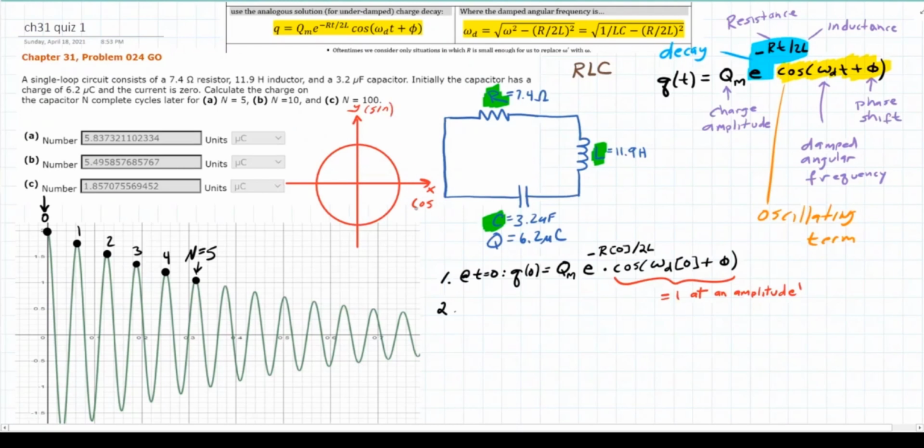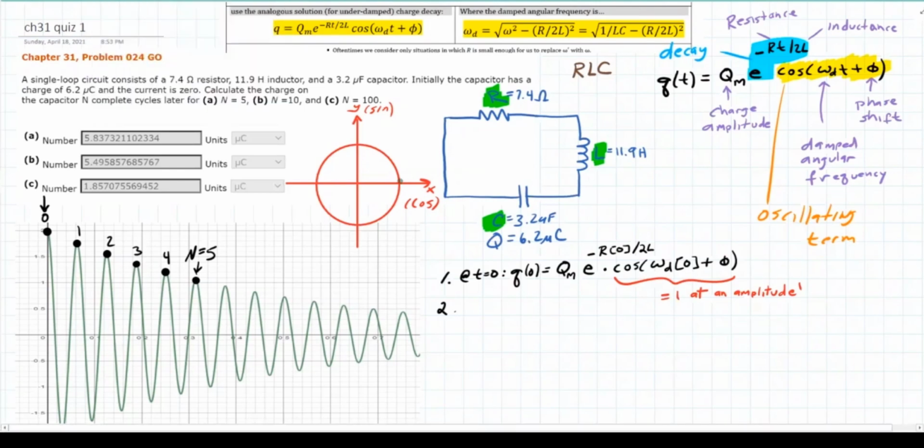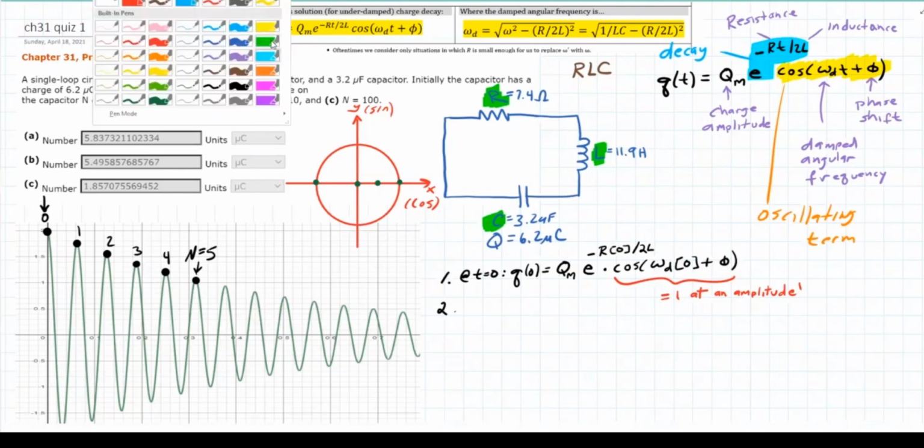So cosine is basically telling you where you are along the x-axis. At the maximum possible point right here, that's cosine equals 1. Here's cosine equals 0. Here's cosine equals -1. Halfway between there, the cosine value would be √2/2, and so on and so forth. The reason I'm mentioning this is because cosine can have a maximum possible value of 1.